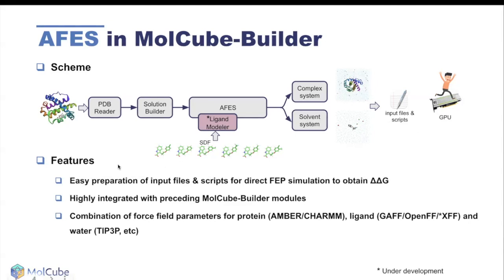Therefore, the main advantage of our AFES workflow is that we can easily build the simulation system and the necessary files to run alchemical free energy calculations to obtain the delta G values.